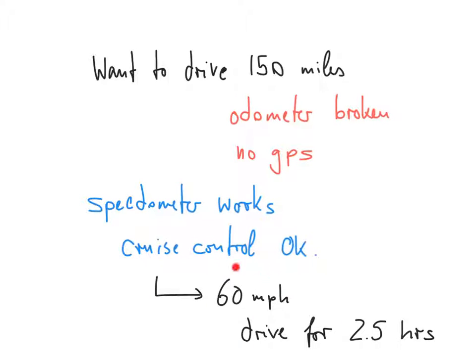Because if we constantly drive 60 miles per hour, then we would drive 120 miles in the first 2 hours and 30 miles in the additional half hour. So altogether we would drive 150 miles.